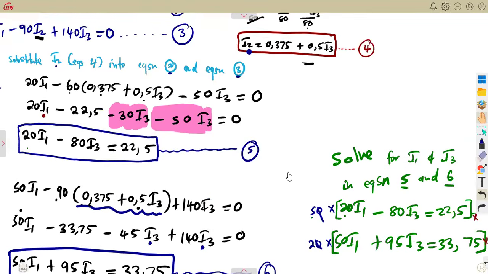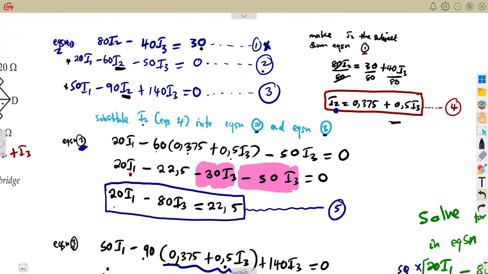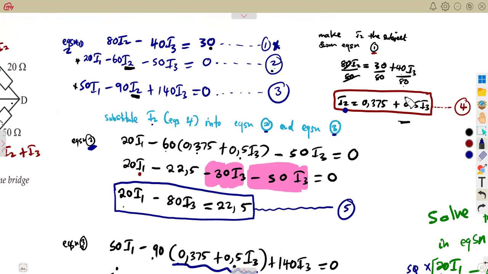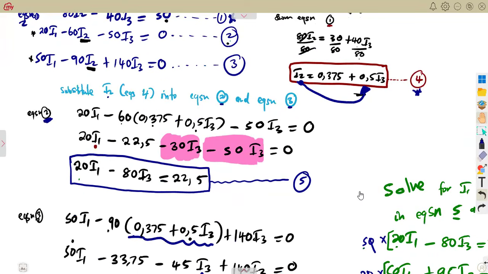In equation 2 and equation 3, there is I2, which is fine. But if you take a closer look, equation 4 will be of advantage because I2 is already the subject here, written in terms of I3.